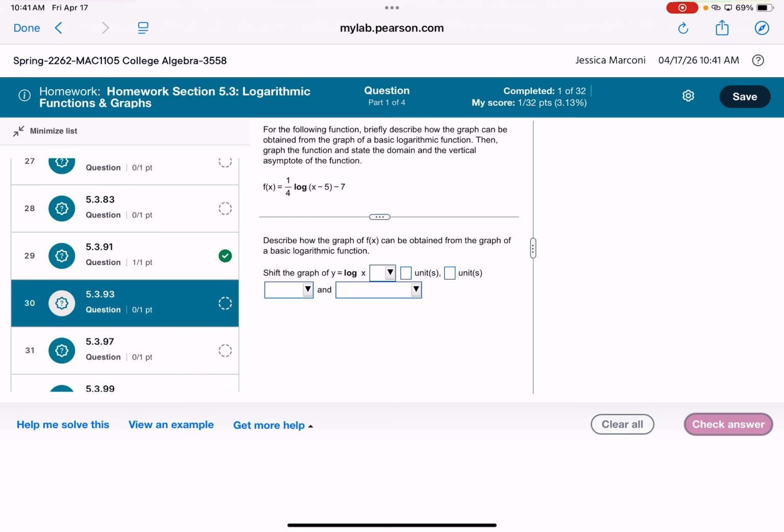So this one is 1/4 times log of x minus 5 and then minus 7 on the outside. So what's my base here? Do you see one?